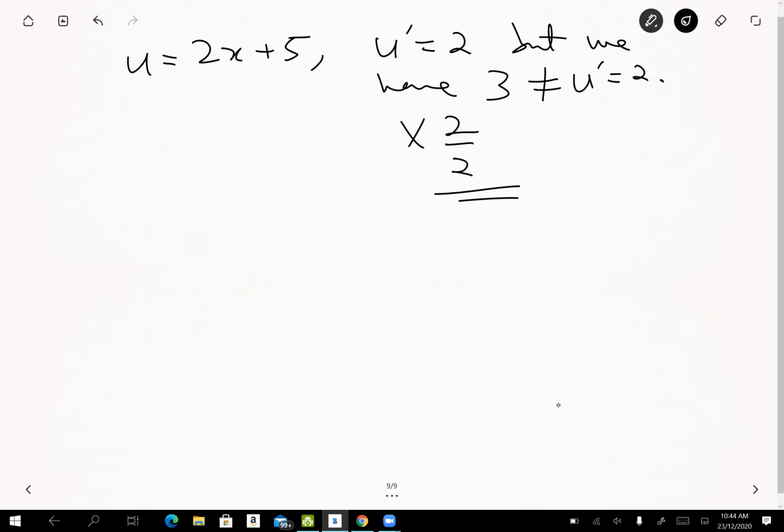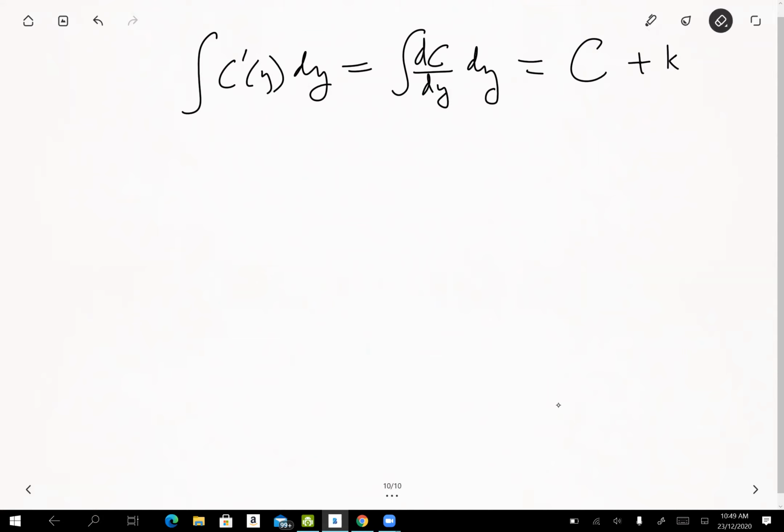So you want to find consumption, I integrate C prime(y) dy, or integrate dC/dy, then I get the consumption function. Of course, plus the k. But sometimes, you know, you don't need the k because the k will be built in, right? So we just put here consumption.